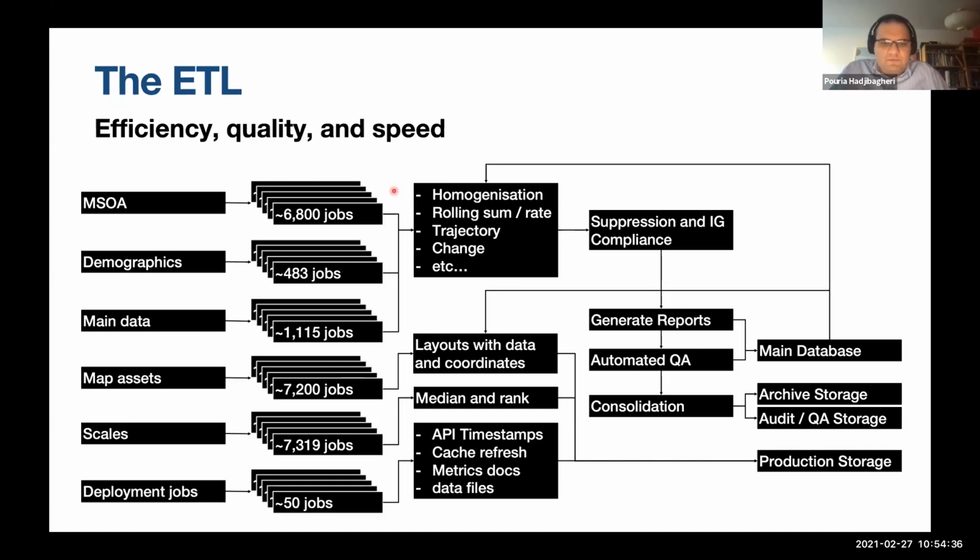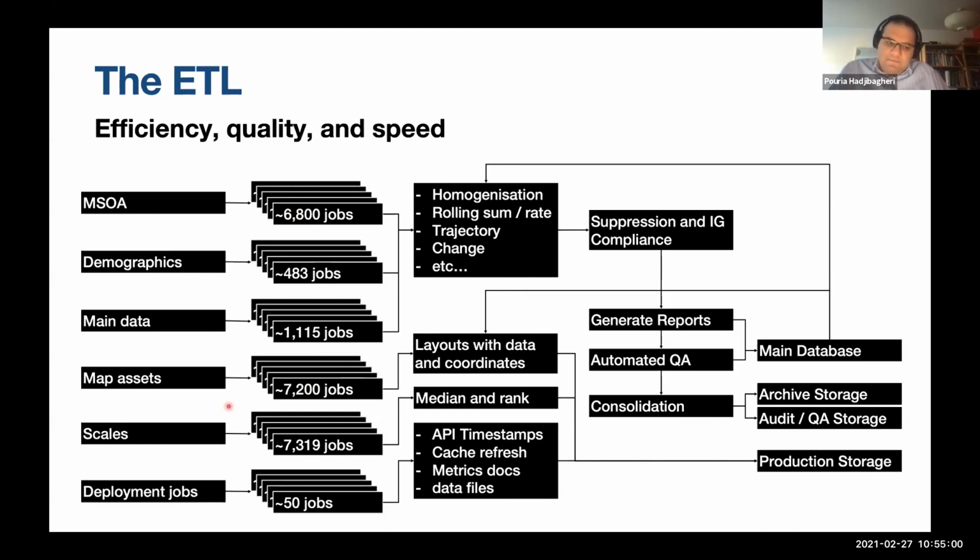Otherwise, we'll be here for 2 days to get them done. So yes, these are the numbers, and these are not arbitrary numbers. So the MSOAs, we have in fact 6,800 MSOAs, or we have 1,115 combinations of area codes in England, Scotland, Northern Ireland, and Wales, and so on and so forth.